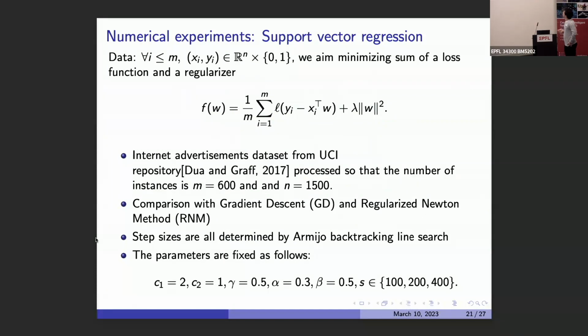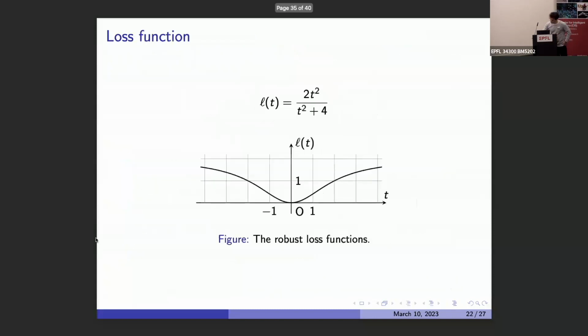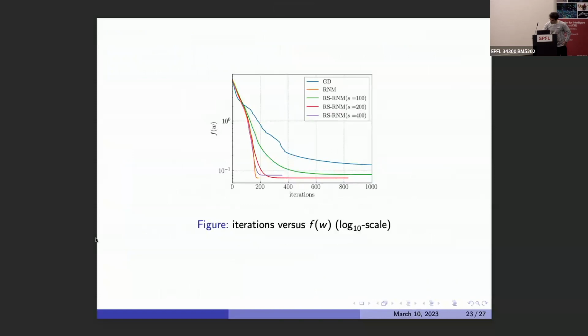I think I will do the experiment again with a much higher dimension, because I think it will be still better. If you look at the function value with respect to iteration, in blue you have the usual gradient descent. RNM is just the usual Newton method on the full space, and then we use our method for s equal 100, 200, and 400.